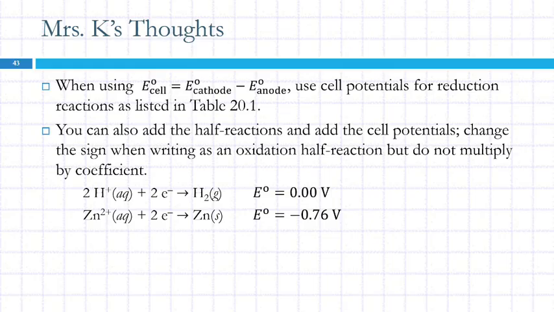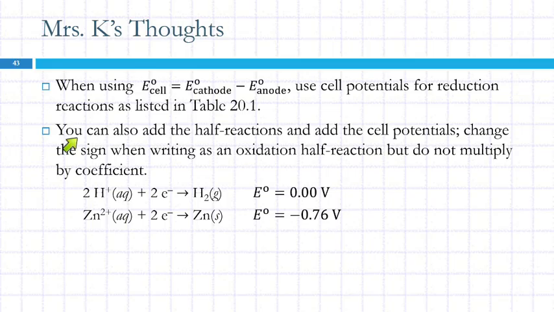I personally find that to be rather confusing, because you have to figure out, well, which one's the anode, which one's the cathode, and wait a minute, which one was subtracted from which? It's easy to get it backwards. So this is what makes a lot more sense to you. This is the method I'll be using in class.